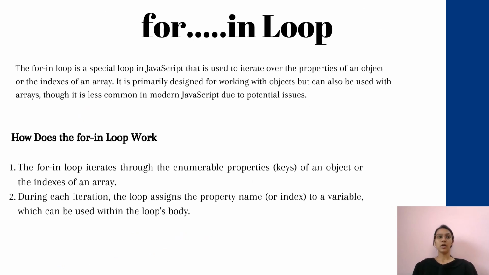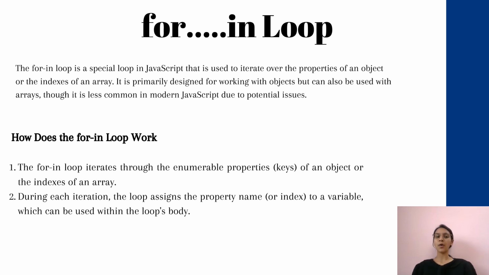For in loop. The for in loop is a special loop in JavaScript that is used to iterate over the properties of an object or the indexes of an array. It is primarily designed for working with objects but can also be used with arrays, though it is less common in modern JavaScript due to potential issues.